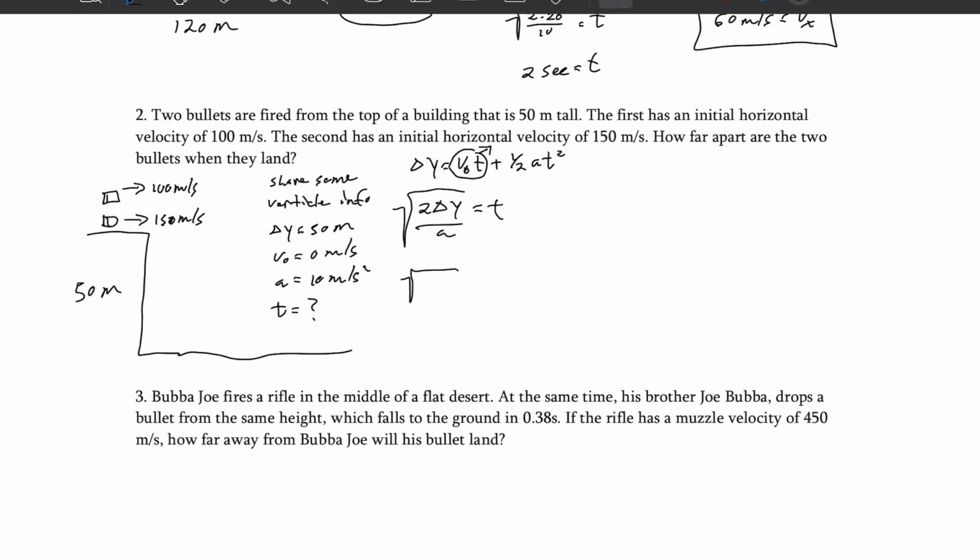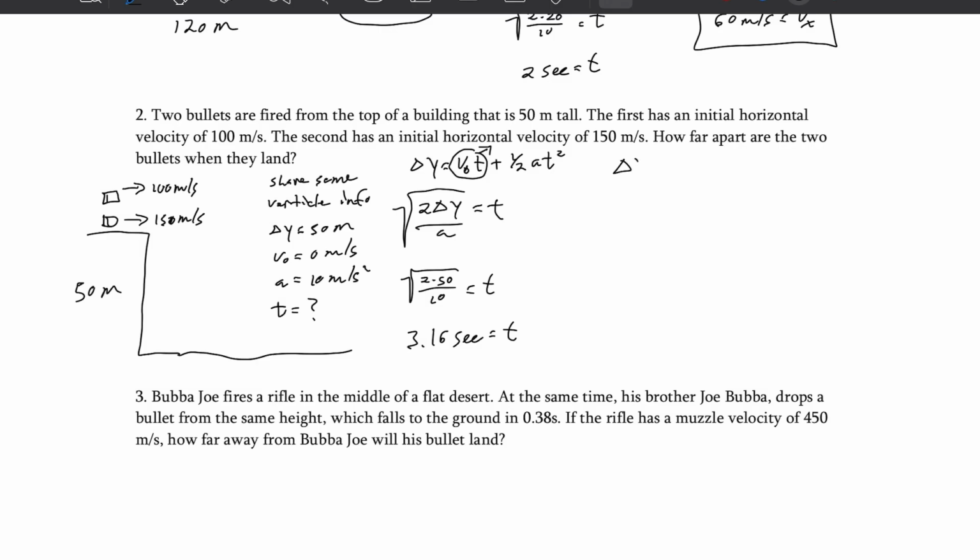So we have the square root of 2 times 50 divided by 10, all square rooted. So we've got the square root of 100 divided by 10, or otherwise known the square root of 10. Square root of 10, we know it's going to be just more than 3 because 3 squared is 9. So we're anticipating a number around 3 point something, so 3.16 seconds is our time.